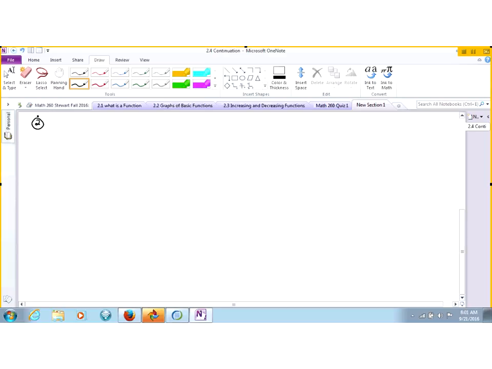Square roots. So this is my function. f of x is equal to 2 times square root of negative x plus 3, plus 1.